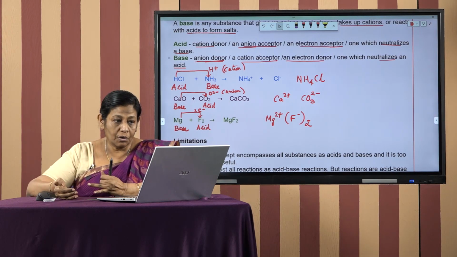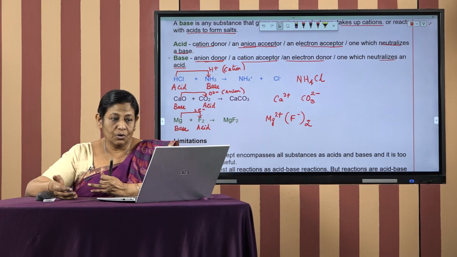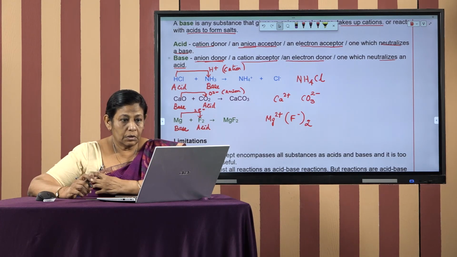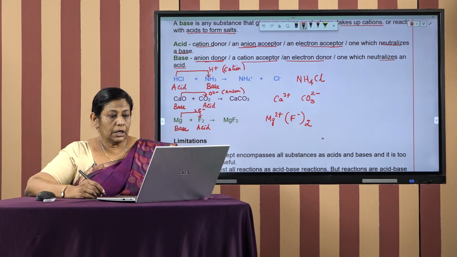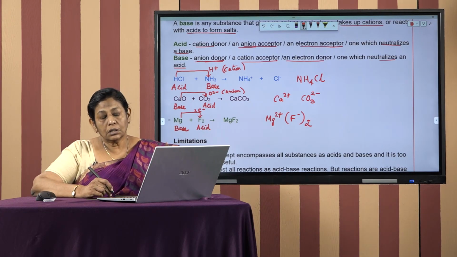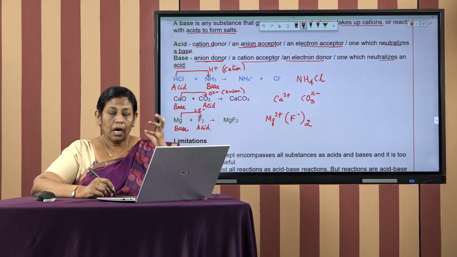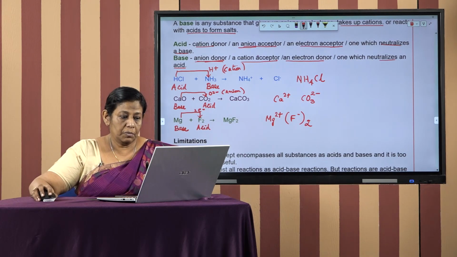It can be an anion donor or an anion acceptor, or an electron donor or an electron acceptor. So, depending on that, you can classify any substance or any reaction, who will be an acid and who will be a base and what will be the reaction formed.